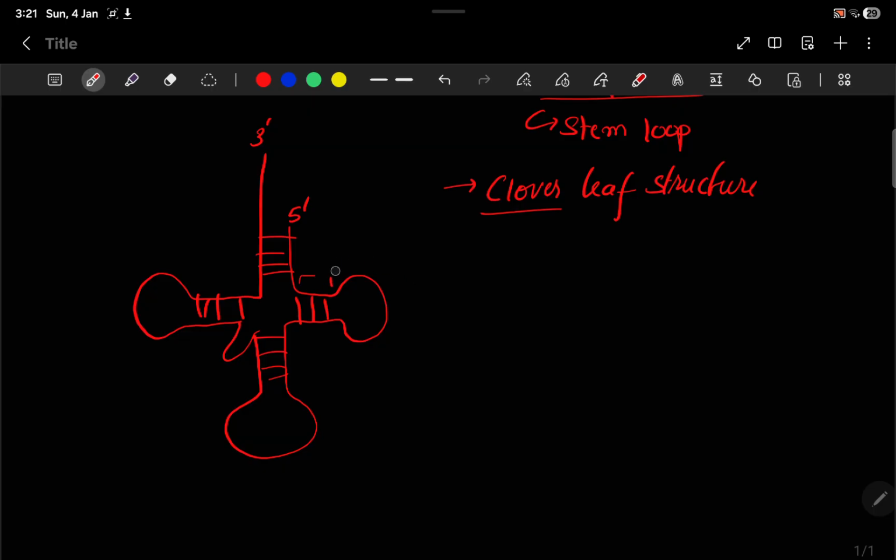Every loop and helix has some function, and they have a certain name and certain modifications. Starting from this side, the loop closer to the 3' end is called the T loop.